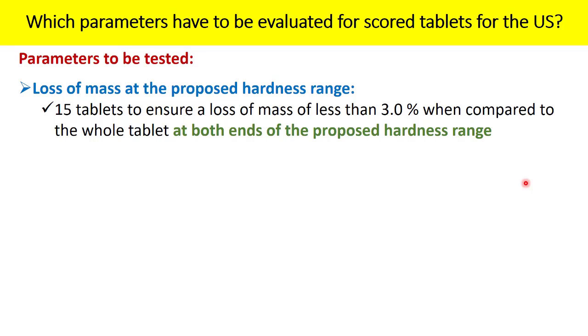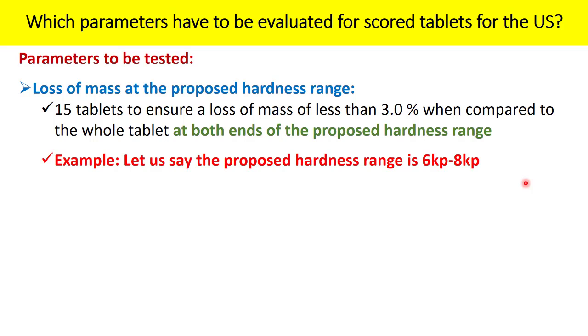So it is expected to conduct, not hardness testing but loss of mass testing, on 15 dosage units, on 15 tablets, with the hardness at the end of its limits. Let us say you have a product with 6 kp to 8 kp hardness. This is the range of your tablet's hardness.